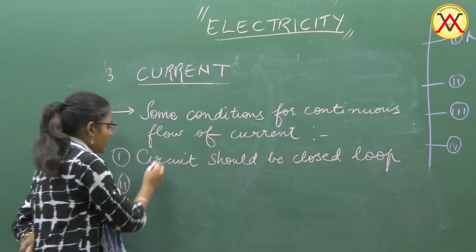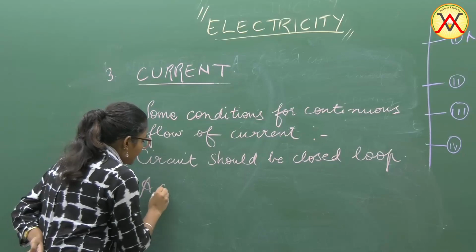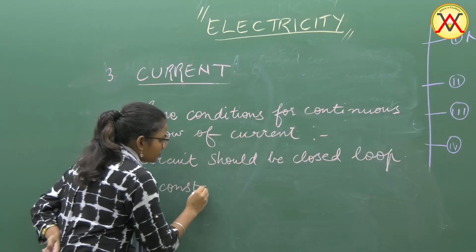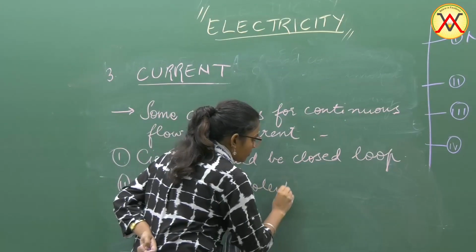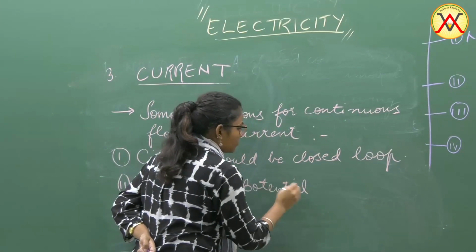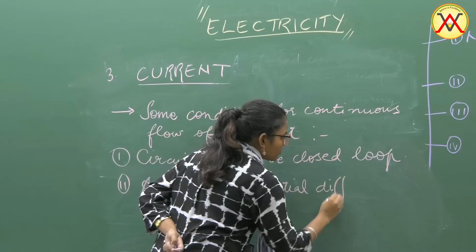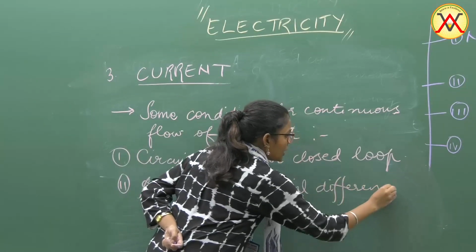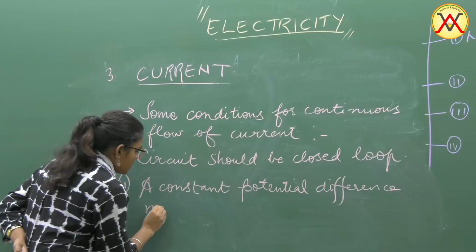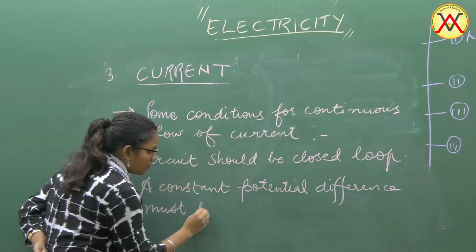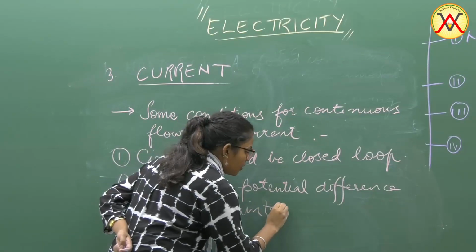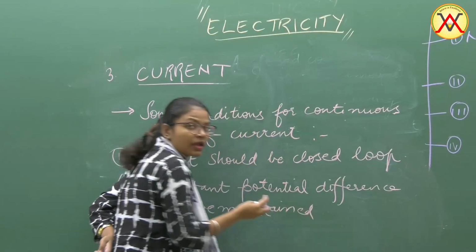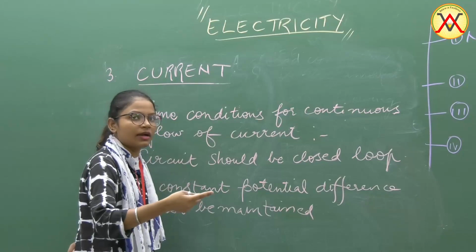Second one, a constant potential difference must be maintained across the two ends of the conductor.